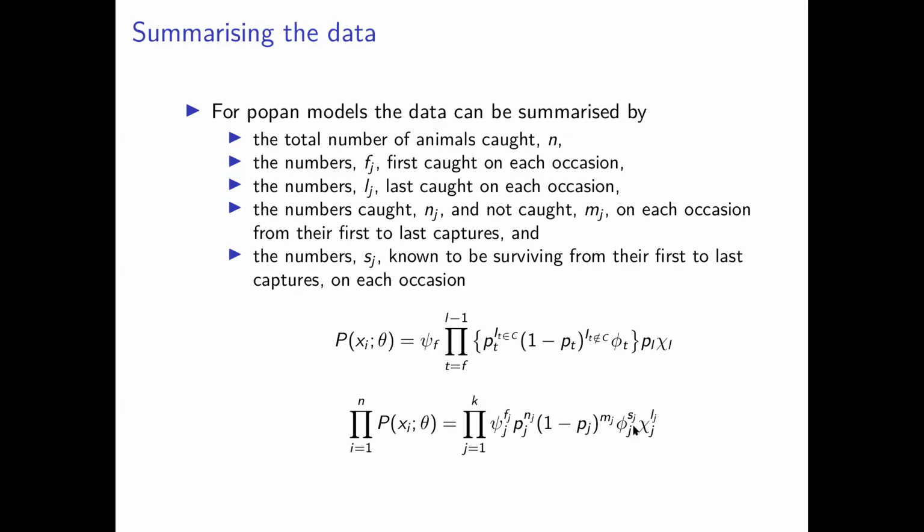And then we have phi sub j raised to the power of S sub j, so the number of animals surviving between their first and last captures in survey j, and chi sub j to the power of L sub j. So that might take a bit of thinking to understand.